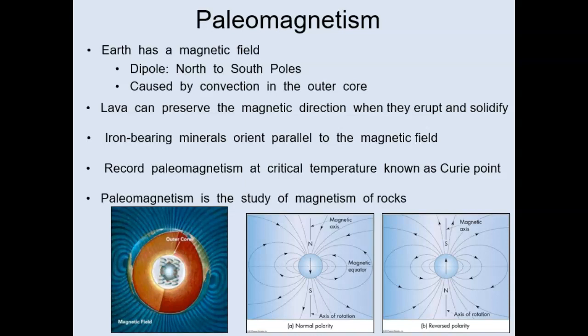Currently, the magnetic pole is near Labrador in Canada, and that is partly why, when you're at different spots in the east and west direction, you have to accommodate your compasses, because they don't all point towards true north, but towards magnetic north, which is again near Labrador in Canada.